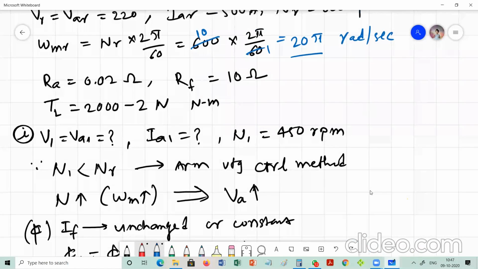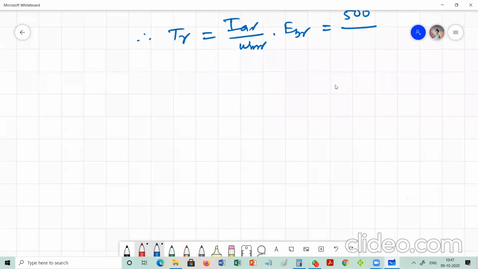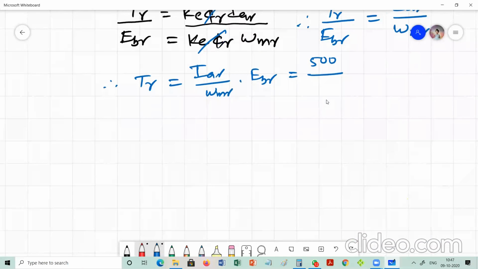So 500 divided by 20 pi. When the ratio is of the same quantity, we can take different units, but the units of numerator and denominator must be the same. But here we are taking the ratio of different quantities. IAR's unit is ampere and omega mr's unit is radian per second. So we have to use radian per second in this case.